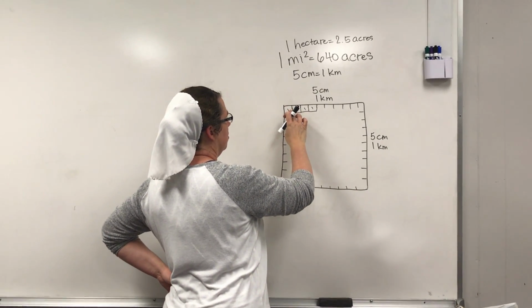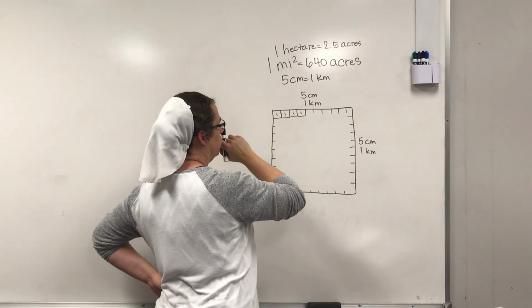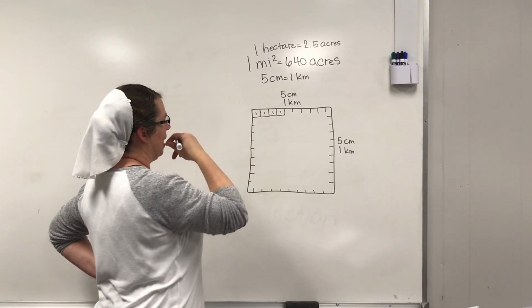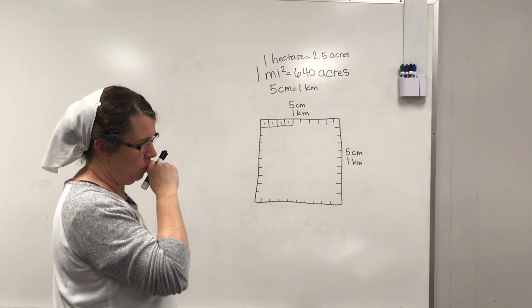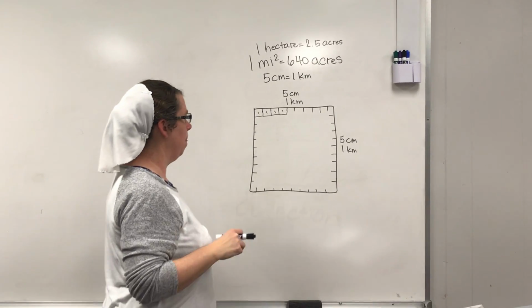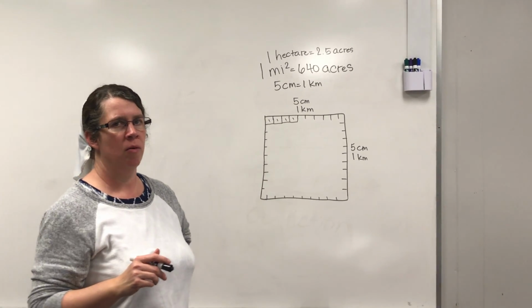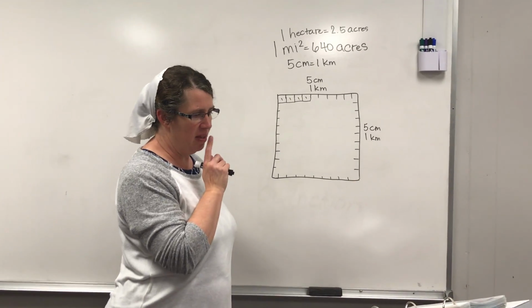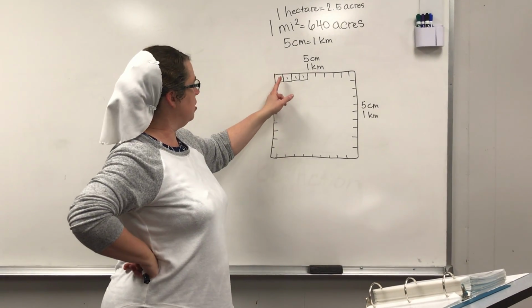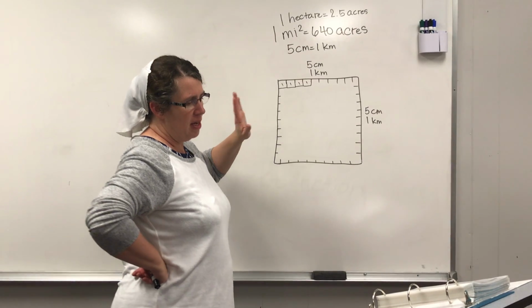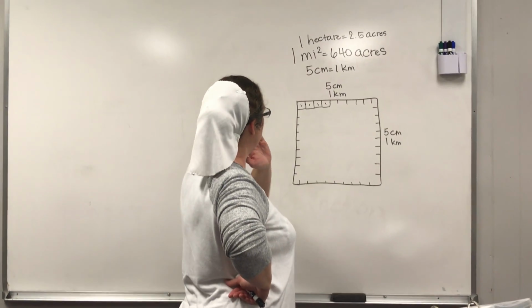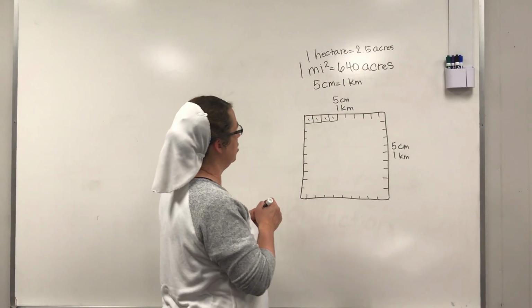So this is like 10? Yeah, because there's 10 of them, and then they're 100 meters each. Because 10 times 100 is 1,000. Right. So each one represents 1 hectare. They represent land that measures 100 meters on each side.